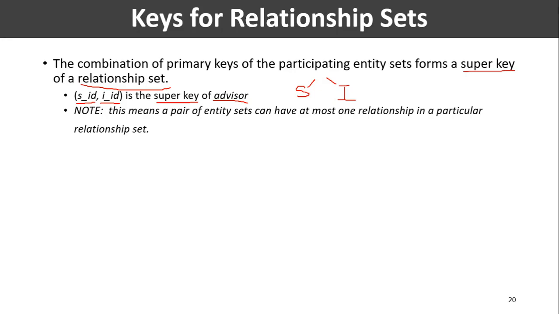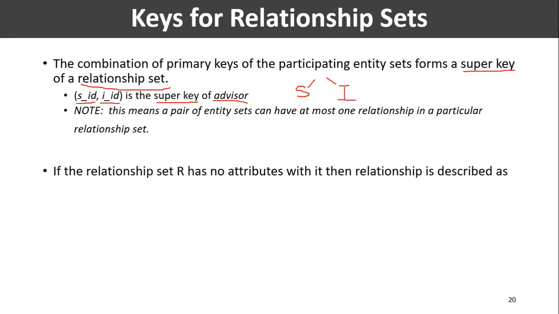Now, in general, if we want to define the relationship set R, or if we would like to know the attributes of the relationship set R, then how are we going to describe this relationship set? Let us assume that we have n number of entity sets participating in the relationship set R, and that the relationship set has no attribute of its own.